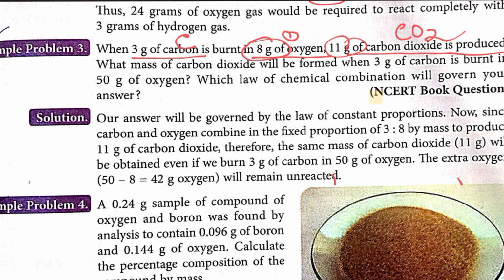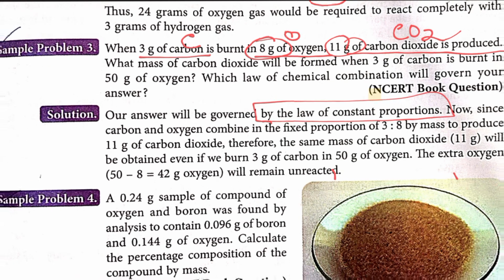The second part of the question says, which law of chemical combination will govern your answer? So obviously your answer will be governed by law of constant proportion or constant composition or definite proportion. You can say any one. Why? Because it is about combination of carbon and oxygen forming CO2, where carbon is an element, oxygen is an element, CO2 is a compound.